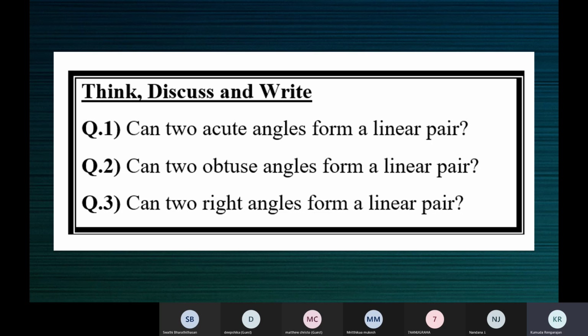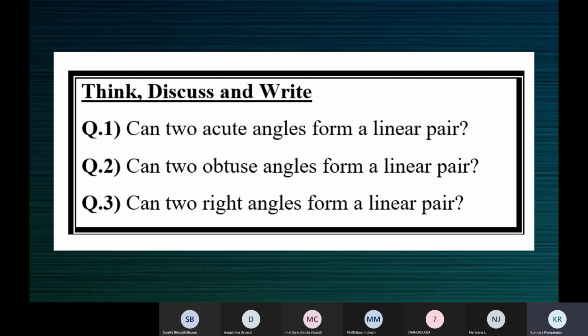Two acute angles cannot form a linear pair because when you add them, you will never get the sum as 180. Ma'am, the sum of two acute angles is always less than 180. Correct.